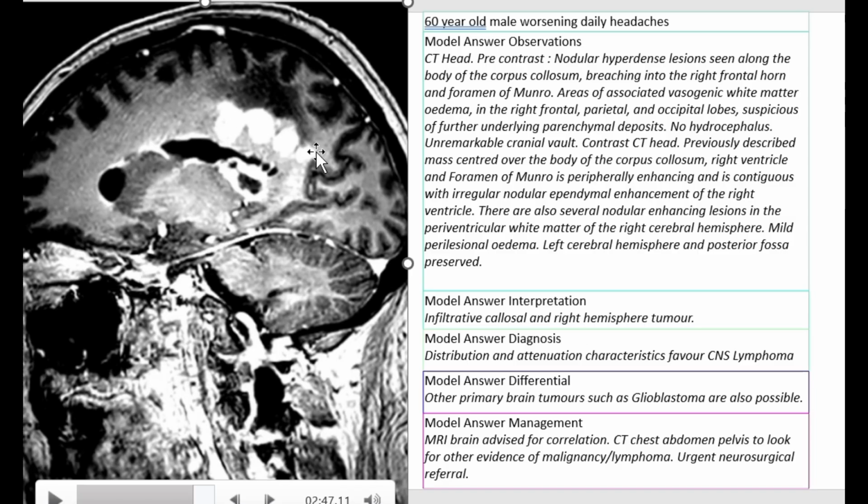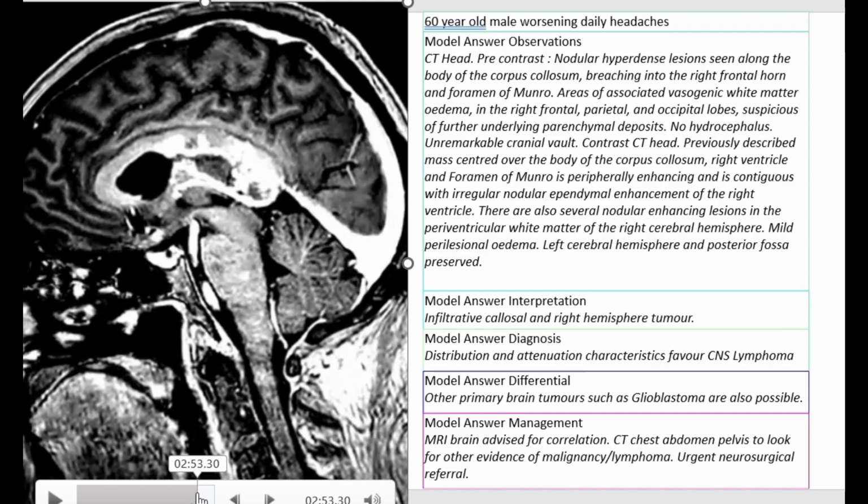These are also the periventricular white matter nodular enhancing lesions. Here, the corpus callosum enhancing nodular lesions.